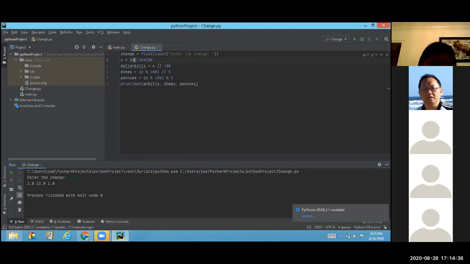So here you should have conversion of that one to integer. If you don't convert to integer, it will still be a floating point number. It's not in terms of cents. C is still a change, but it's actually a change in terms of cents. And then you divide by 100 to get dollar bills.